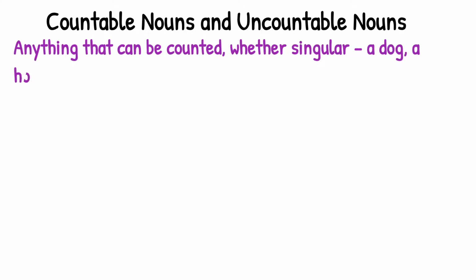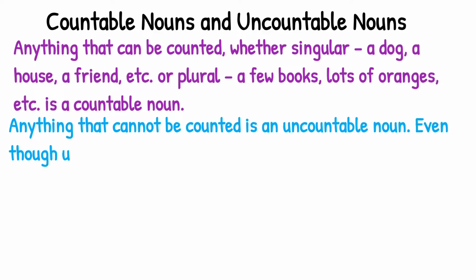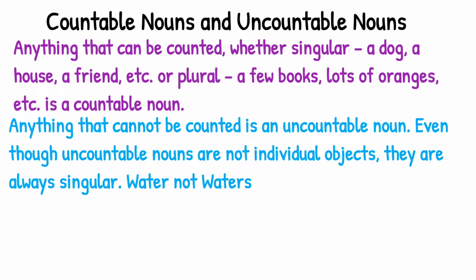Anything that can be counted, whether singular, a dog, a house, a friend, etc., or plural, a few books, lots of oranges, etc., is a countable noun. Anything that cannot be counted is an uncountable noun. Even though uncountable nouns are not individual objects, they are always singular.